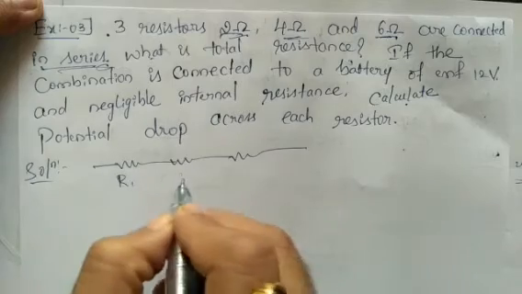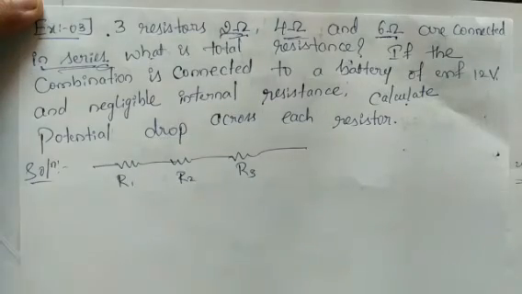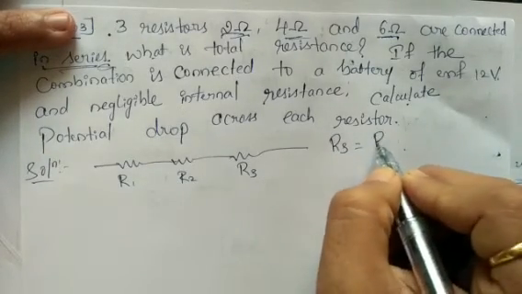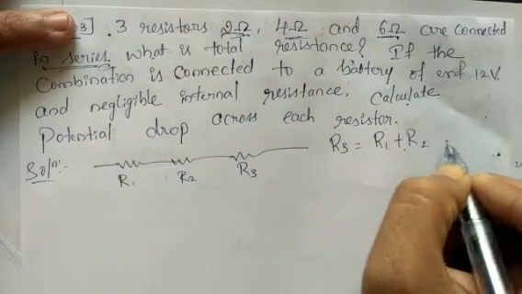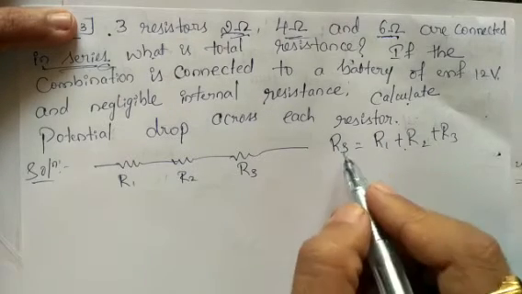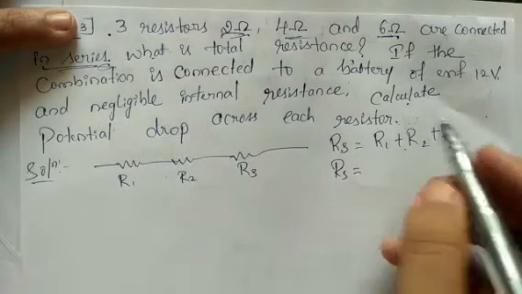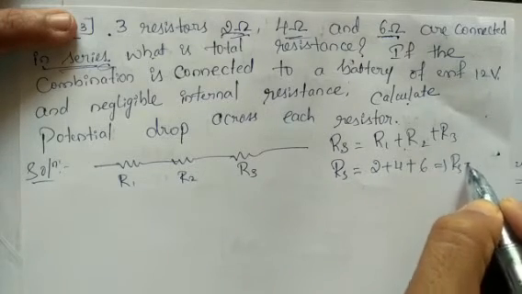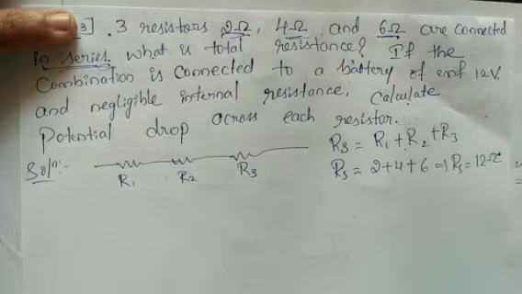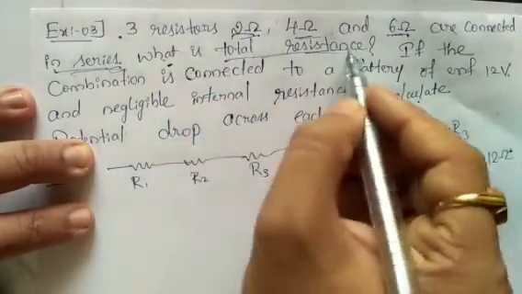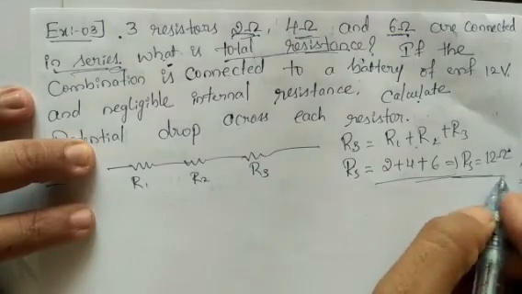This is R1, this is R2 and this is R3. In a series combination, the formula is R series is equal to R1 plus R2 plus R3, so 2 plus 4 plus 6, which implies the series combination value is 12 ohms. They ask to calculate the total resistance.